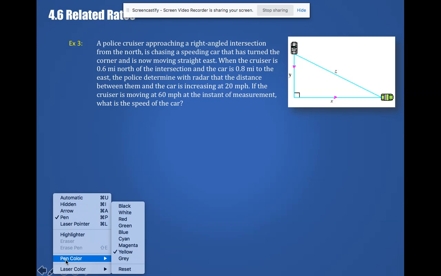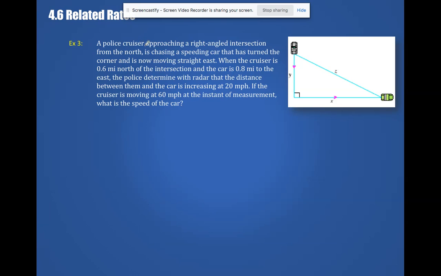Again, the drawing wasn't there. I made the drawing. So I have a police car approaching, right angle. I think to myself, right triangle, from the north. So I pick a point and I drive straight down from the north and think right triangle. Then I have another car that has turned the corner, is now moving east.